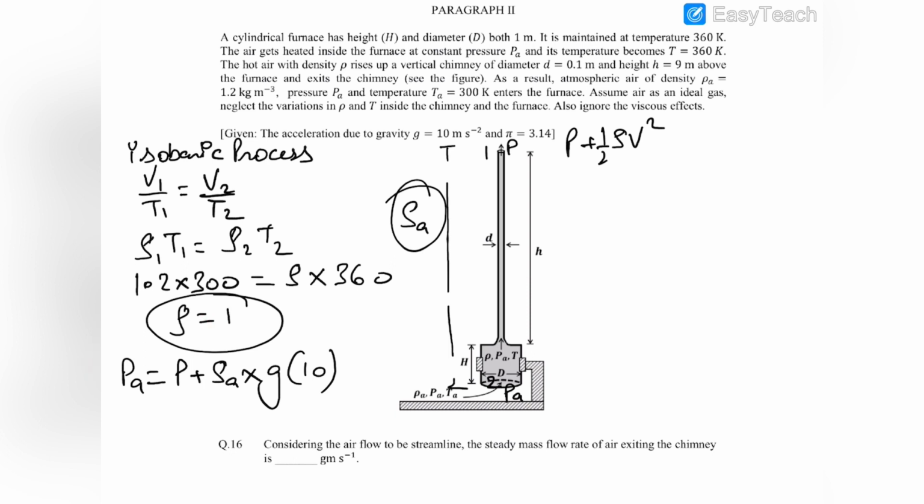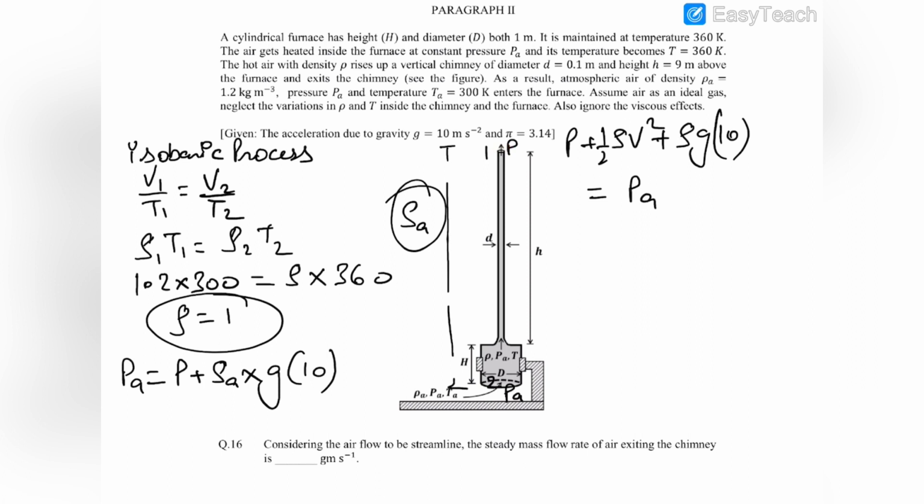And this point is also above this point by a height of H plus H. So the density of air inside this complete chimney and furnace is rho, which is the heated air. So rho G into H plus H is again 10, and this is equal to PA, where PA is the pressure at this point. Now we have assumed that at this point velocity is negligible because diameter is quite large as compared to this diameter.